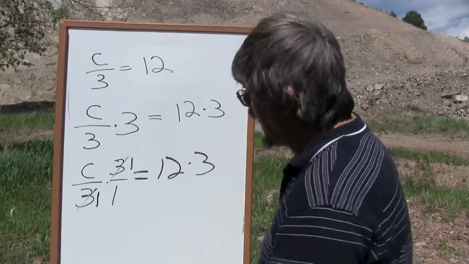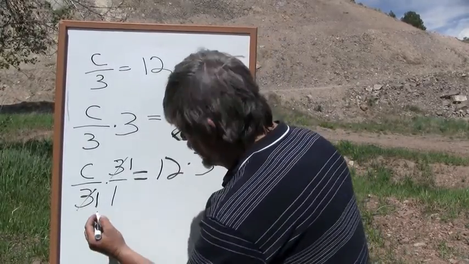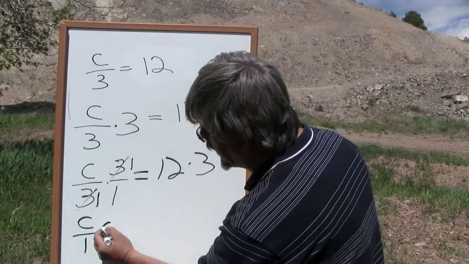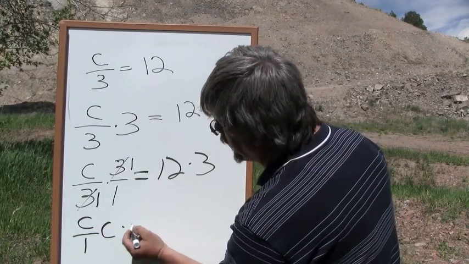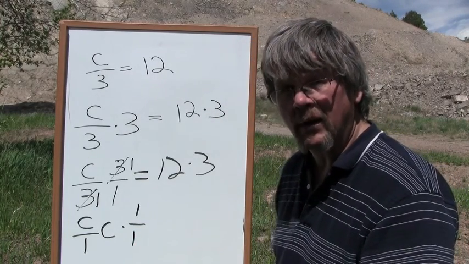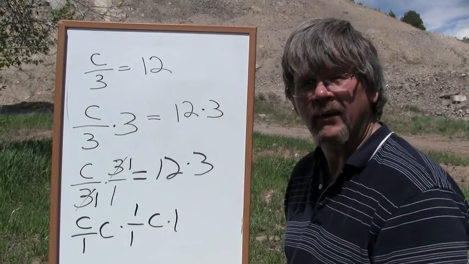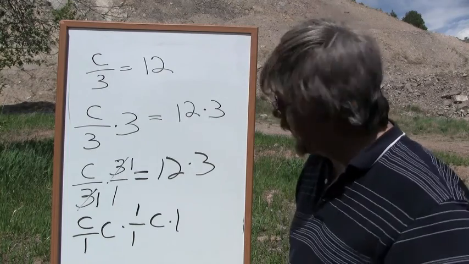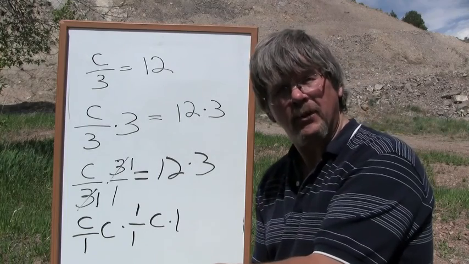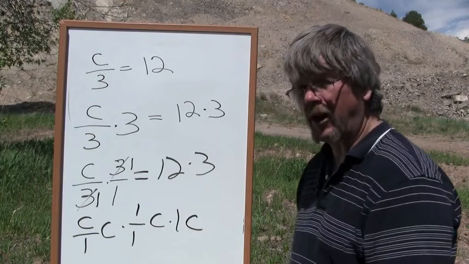Okay? Now, this is c over 1. This is c over 1, which is just c, and this is times 1 over 1, which is just 1. So this is c times 1. Any number, including a variable, that's multiplied by 1 is just that number. So I have isolated c all by itself.